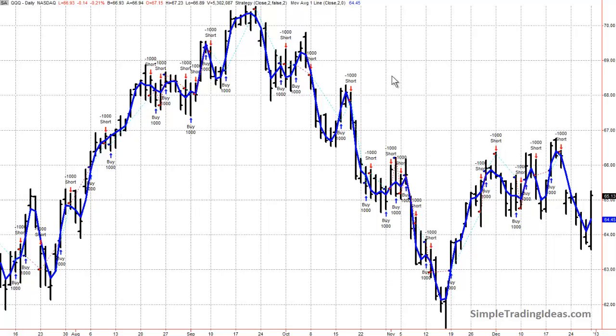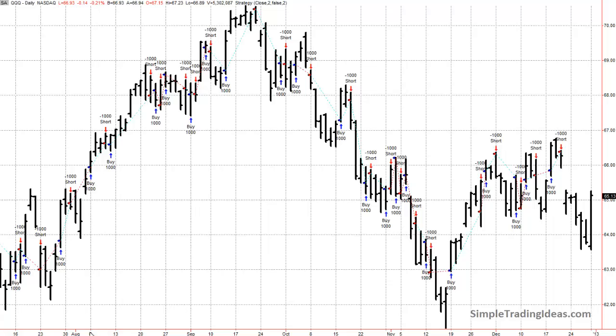We wanted to experiment, take a look at optimization, and see what effect changing the parameters of an indicator would have on the results, the performance of that particular indicator. So to make this clearer, let me remove that moving average line to unclutter things here. There we go. That's a lot better.